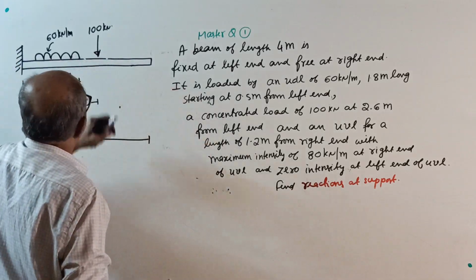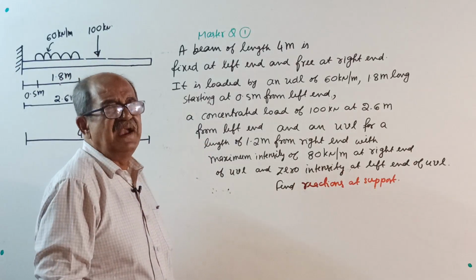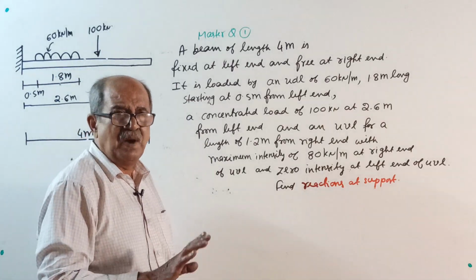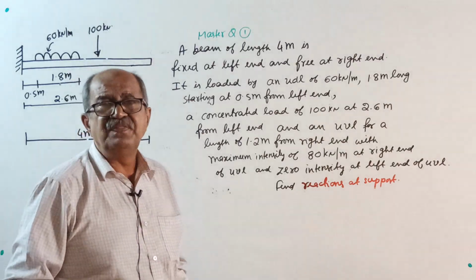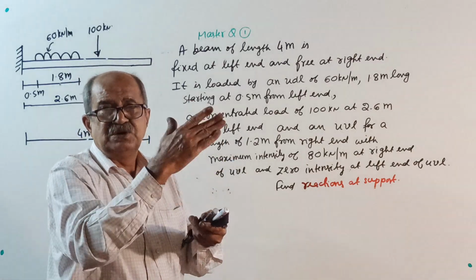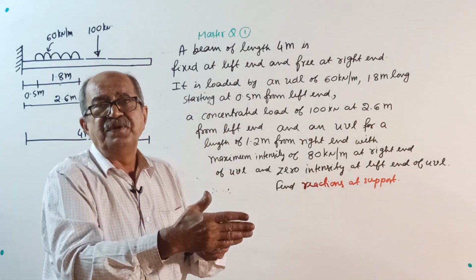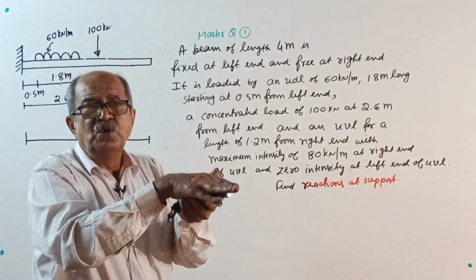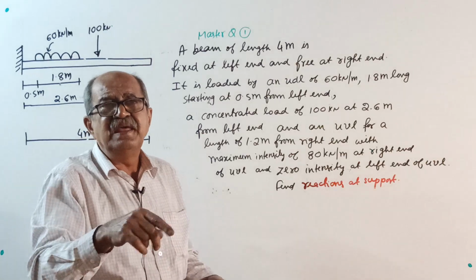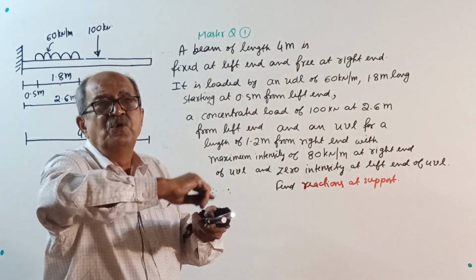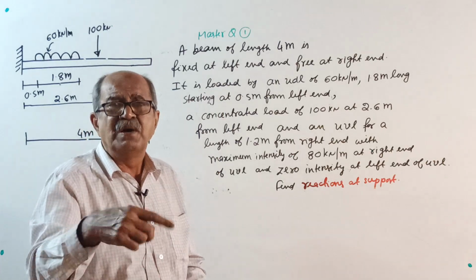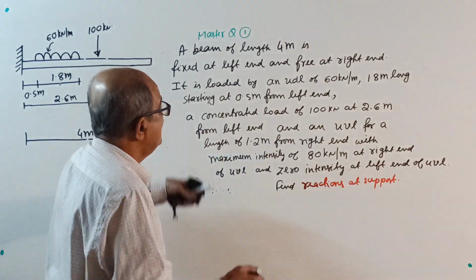See, UDL, point load over. I decided to introduce a triangle load also for the master question. Later, everything will come systematically. First point load at the free end, somewhere in between, full UDL, partial UDL, then in order, full UVL, partial UVL, all will come later. But this is a master question.